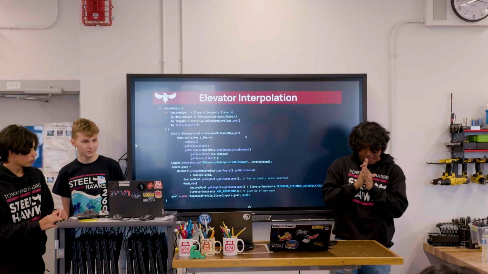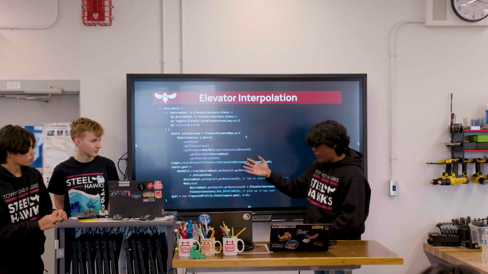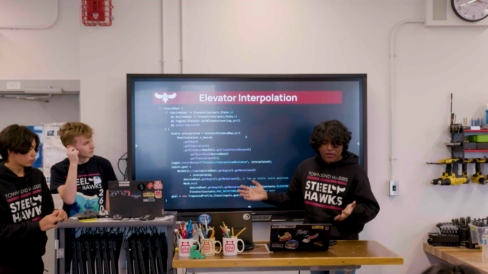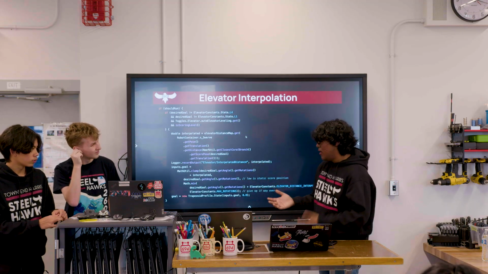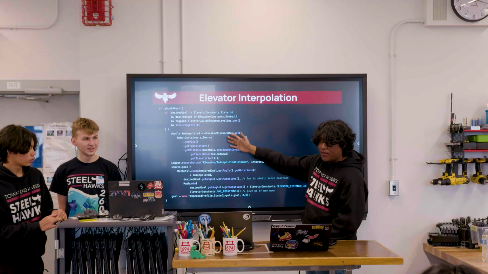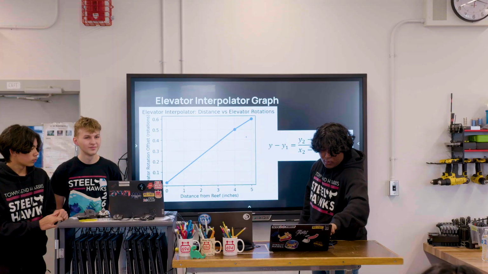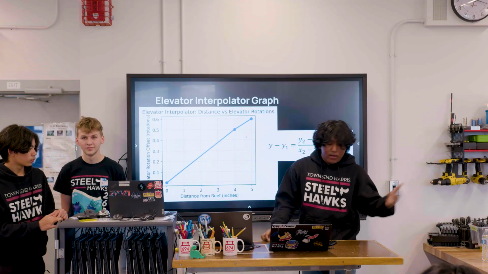So we compare that distance, our score pose, which is where we should be, to wherever we actually are right now. Depending on that distance, we call our interpolation map, which goes back to this equation, and it gives you how high your elevator should be to compensate.